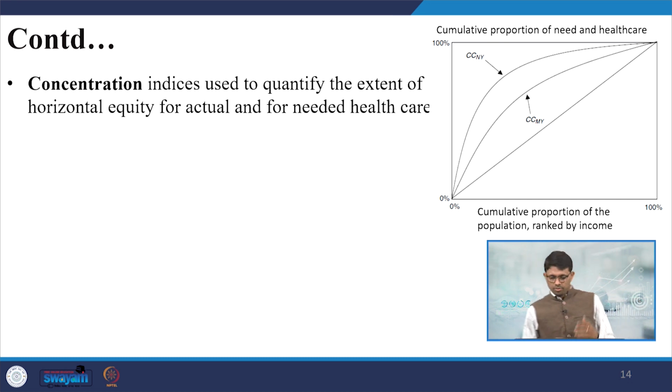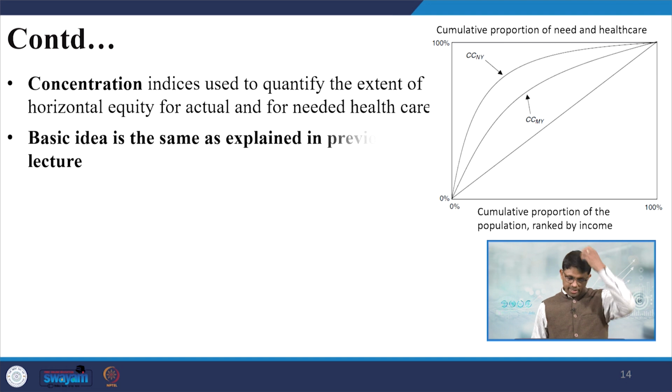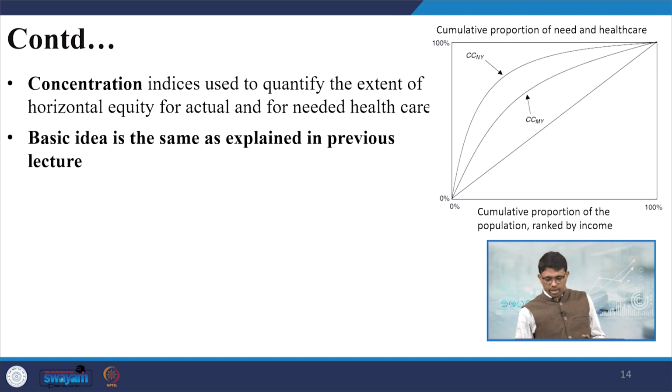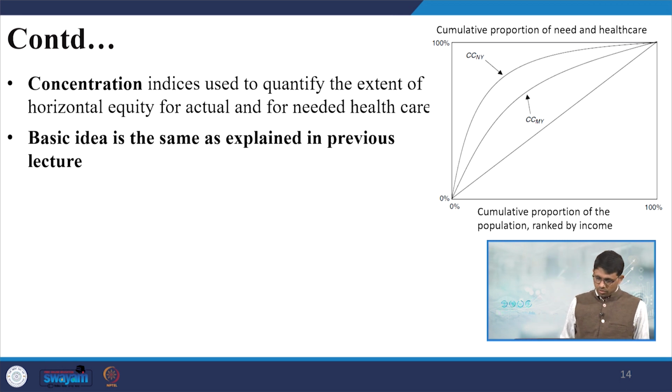When we map it, we have used the terms MY and NY in the last lecture, for need out of income, or specifically for healthcare out of their income. So, two diagrams are drawn.